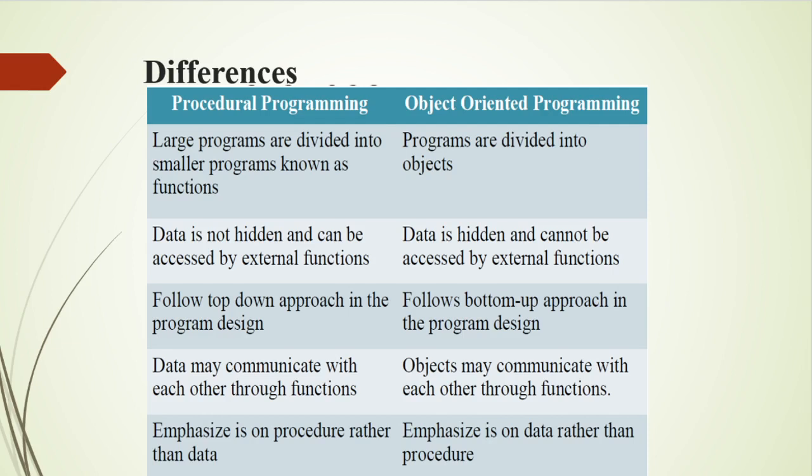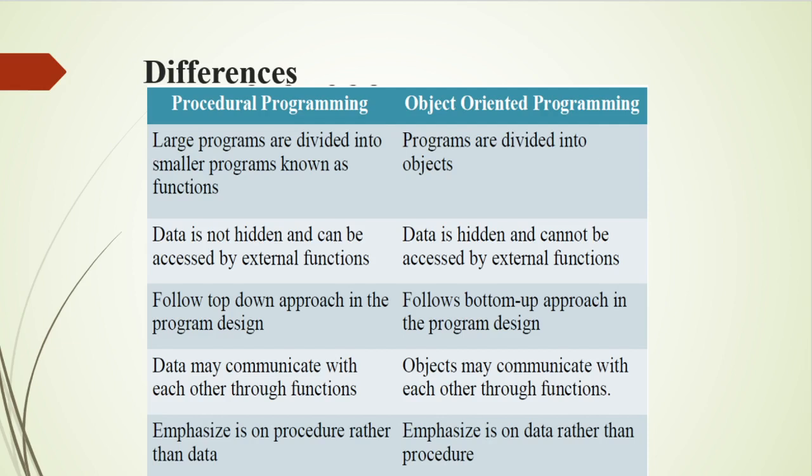And also data hiding is not supported in procedural programming. That is, data is not hidden and can be accessed by any function, but in object oriented programming it is supported, so data is hidden and cannot be accessed by external function.